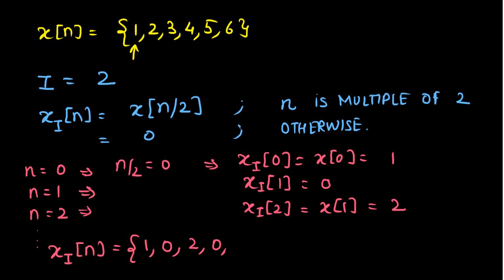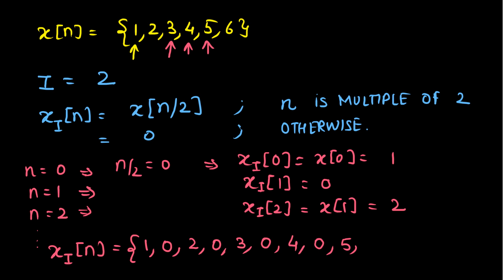If I consider n equal to 4, then it is divisible by 2, and n by 2 is given as 2, so we need to consider the value at n equal to 2, so x of 2 is given as 3. Then if I consider n equal to 5, then it is again 0. If I consider n equal to 6, then it would be equal to x of 6 by 2, that is x of 3, which is equal to 4. Then again, if I consider n equal to 7, then it is not divisible by 2, so it would be 0. If I consider n equal to 8, then it would be equal to x of 8 by 2, that is x of 4, that comes out to be 5.